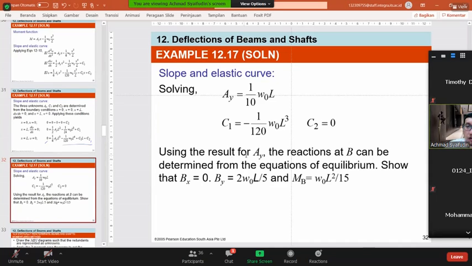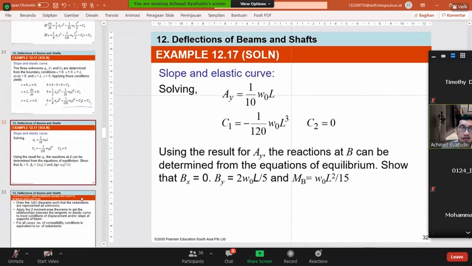We see the result for A, Y, direction at B, to be determined from the equation of equilibrium. This is the final result.